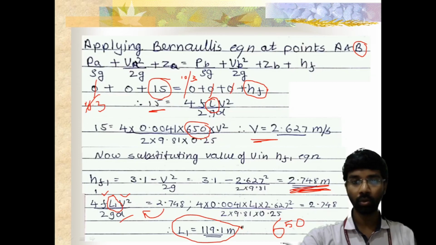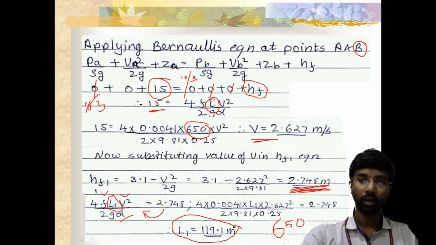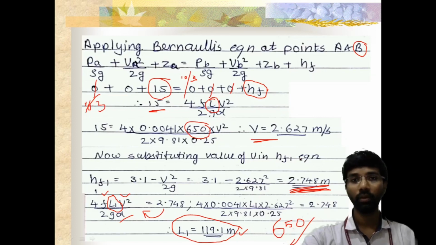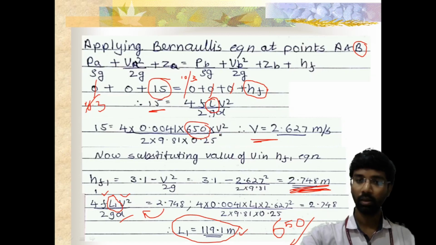Obviously the weight of the water is more, and that will bring the whole water to the lower reservoir. So that is the reason the value that you get must be less than half of this value. That is, it must be less than the outlet length.